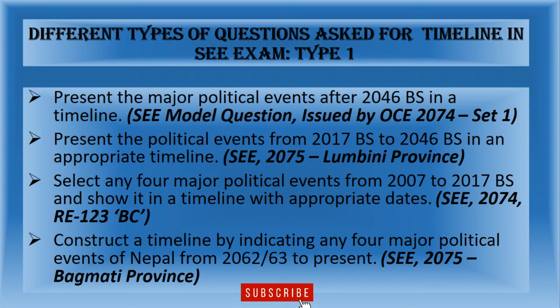You will make the timeline using only the year or using the full date, that is your choice. That is one. And second is where you don't have a choice to use the year, you must use the appropriate full date, like this third type of question. So this is the first type.